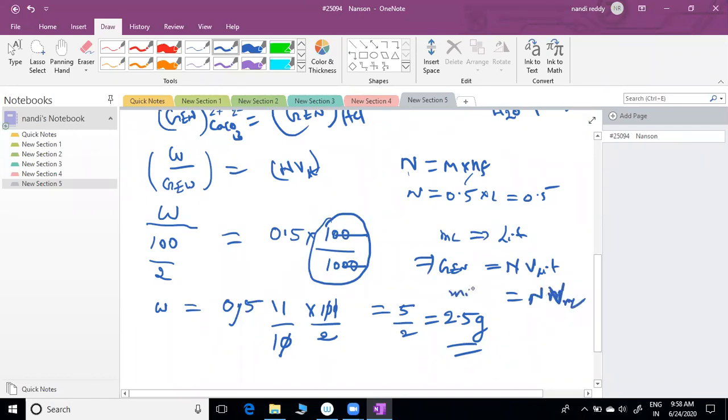Milli equivalents. Everything I provide in your notes, milli equivalents. But you are not learning and not remembering, then I can't do anything for you. Milli means 10 power minus 3. Otherwise, the answer you get will be in milligrams.